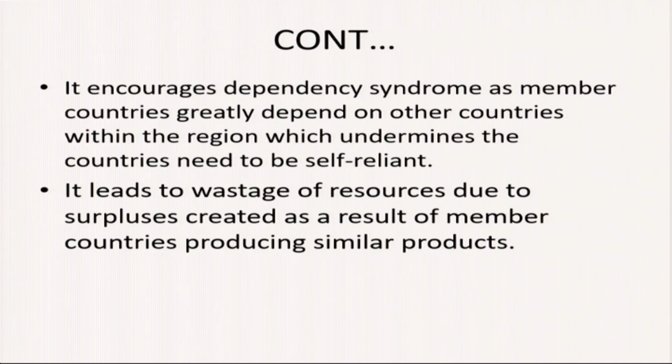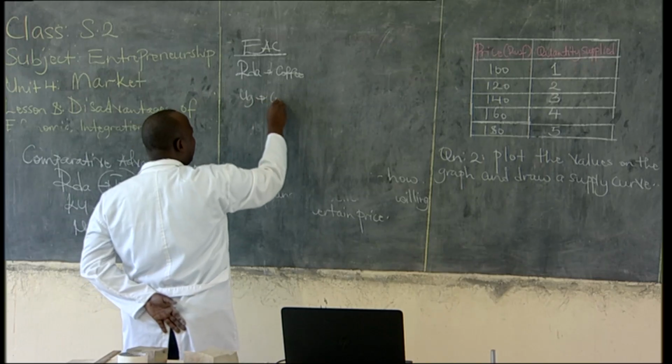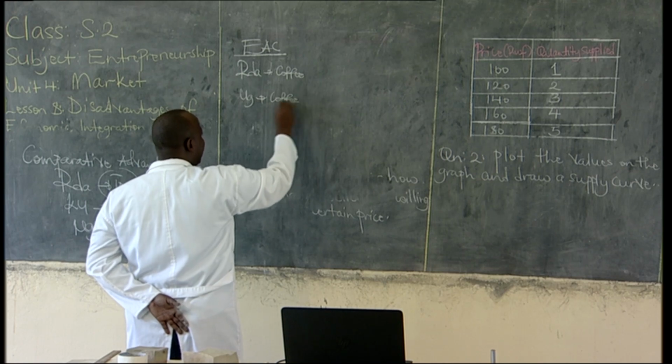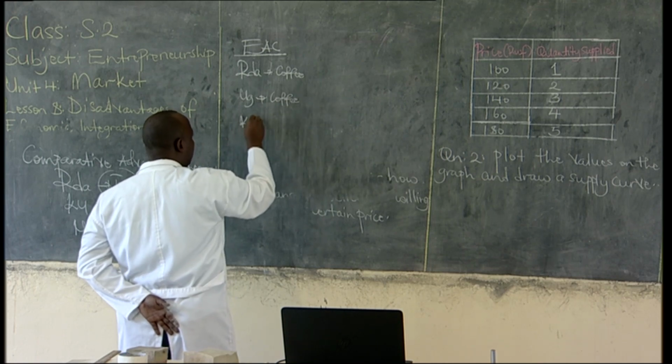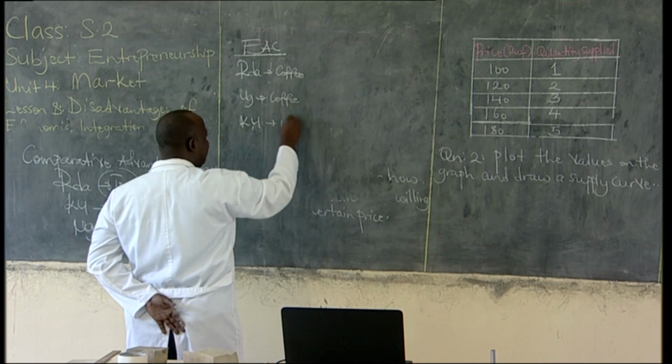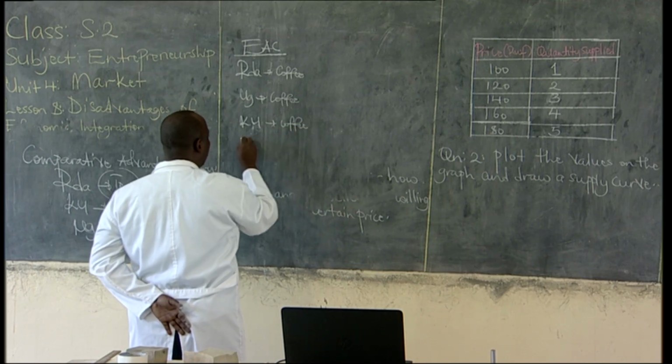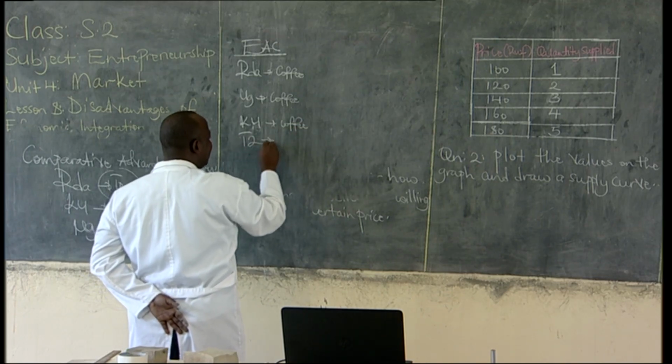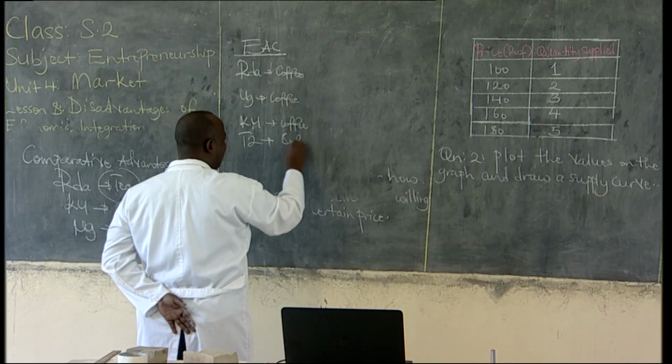Now, like in the East African Community, if Rwanda is producing coffee, Uganda is producing the same product, coffee, Kenya is producing also coffee, and even Tanzania is producing coffee. They are producing similar products.